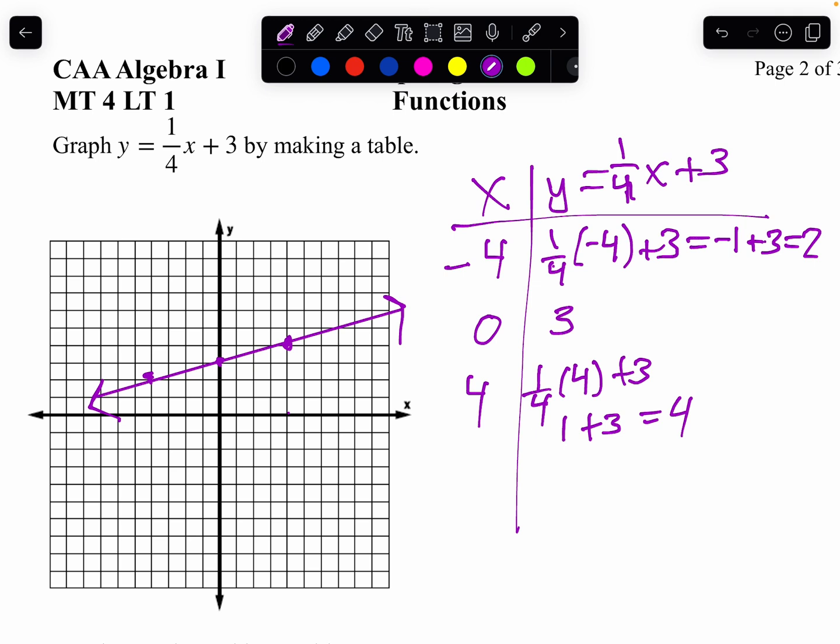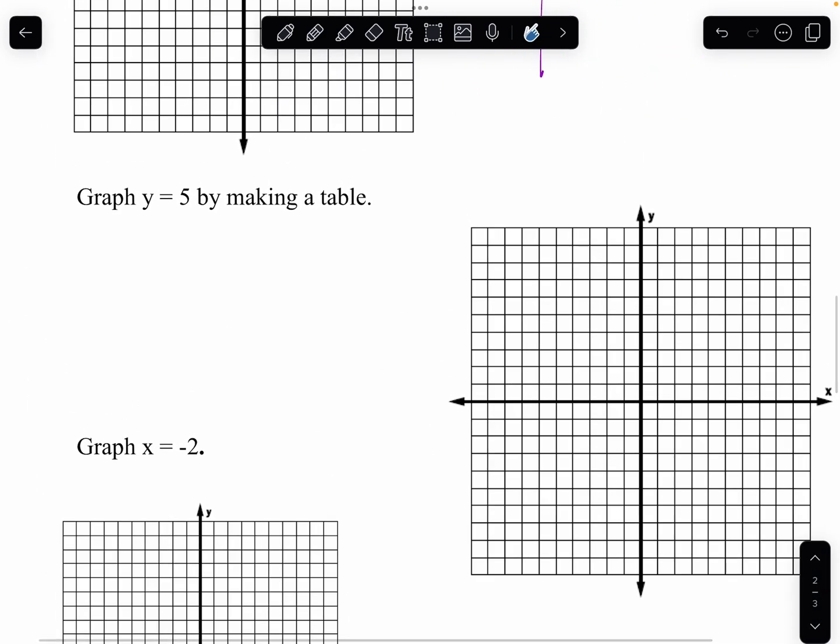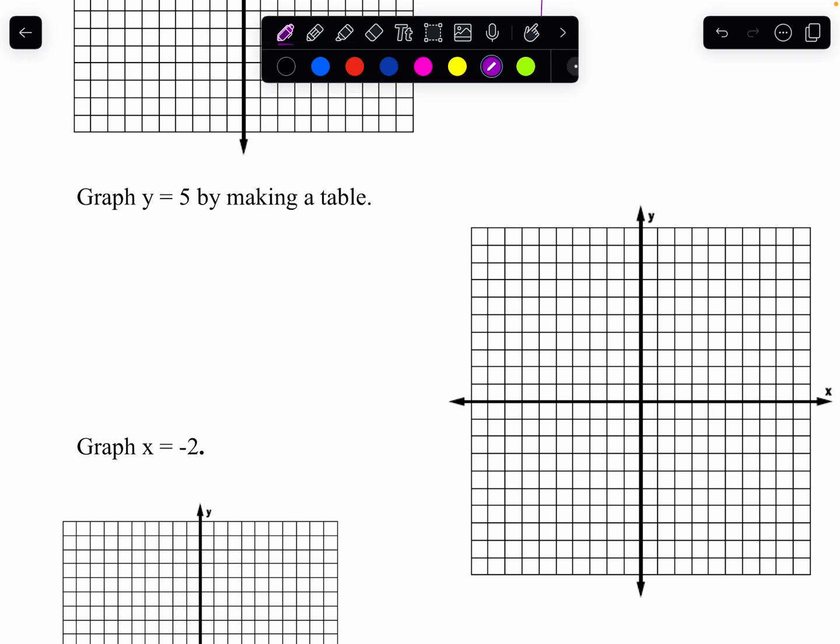Let's take a look at another graph here. Looks a little bit different this time. Notice there's no x, but I can still make my table. So I'm going to say x and y. There is no x, so it doesn't matter what I call it.